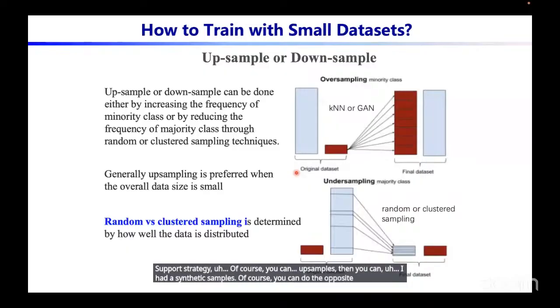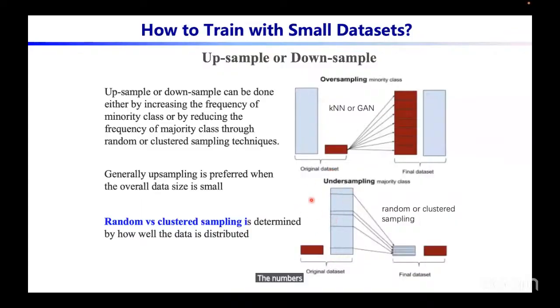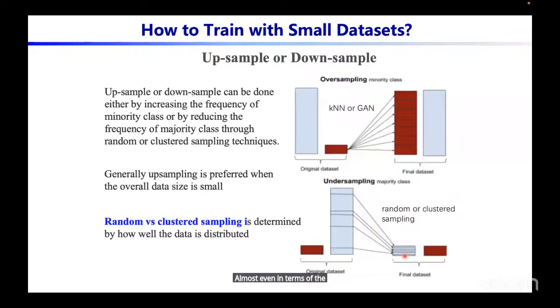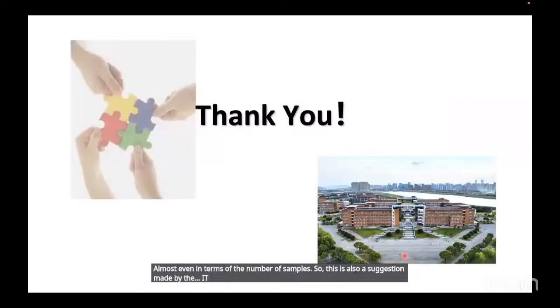You can downsample the higher-number class, as the lower figure illustrates for the gray samples. You can randomly select a subset of gray samples to make it almost even in terms of the number of samples. So this is also a suggestion made by the AI community.